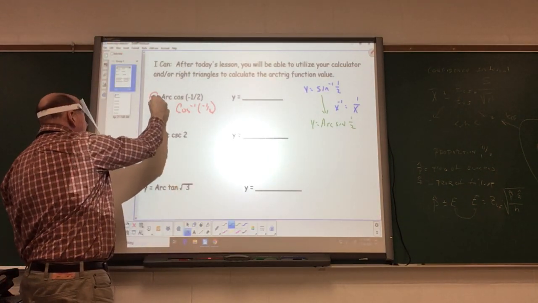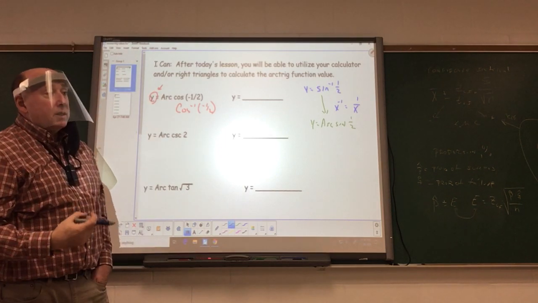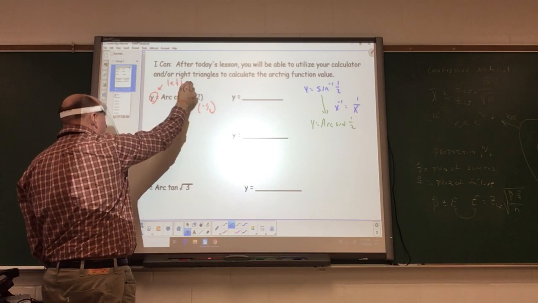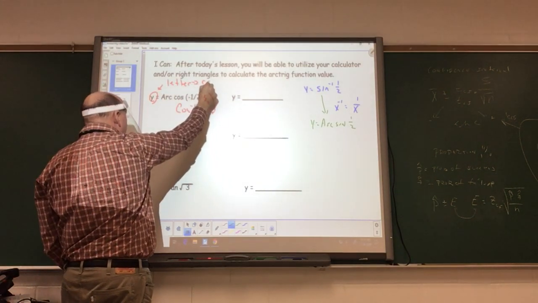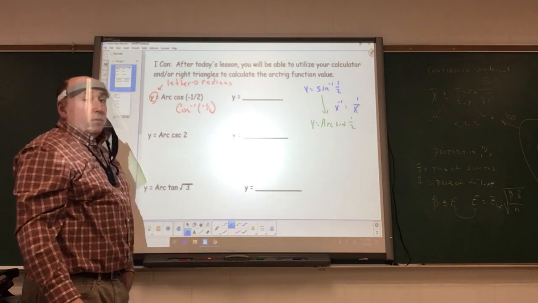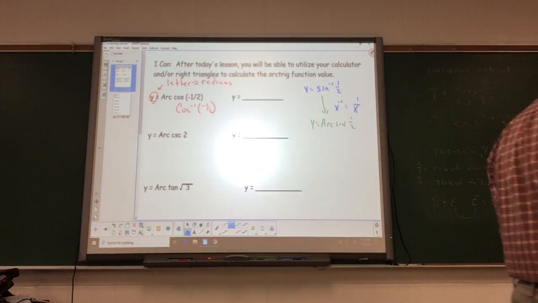Now, if I take a look at my variable, which is just a letter, that tells us that we have to deal with these in radians. When we have a letter there, we need to be dealing with things in radians.